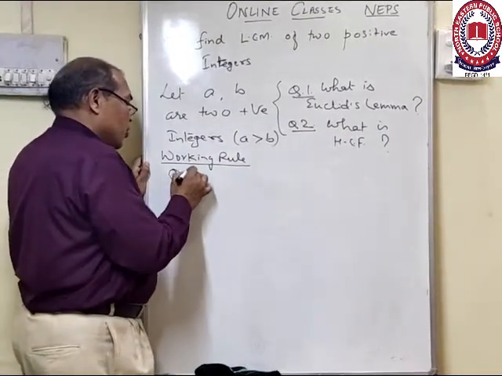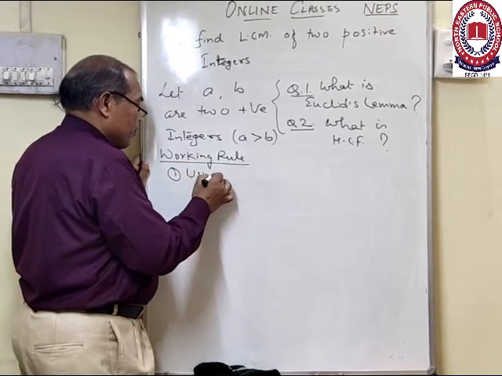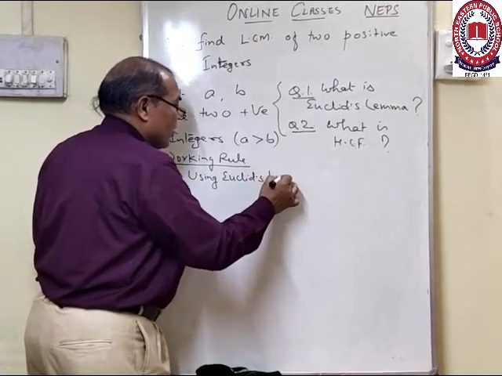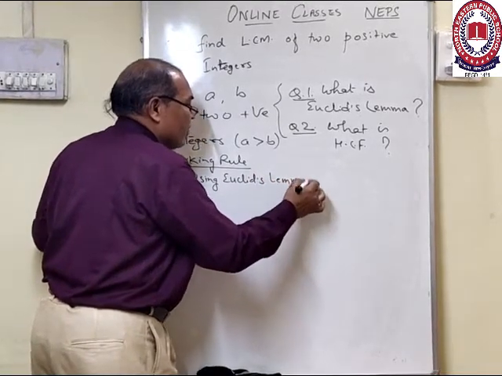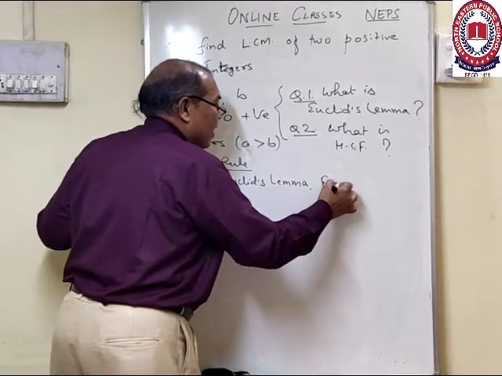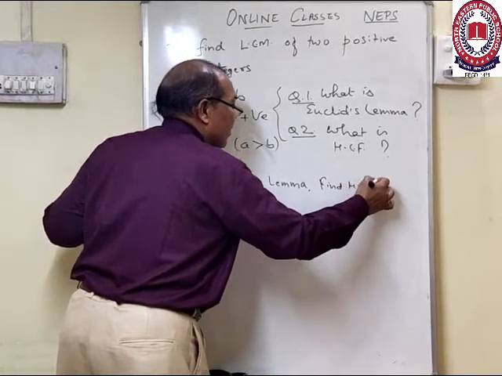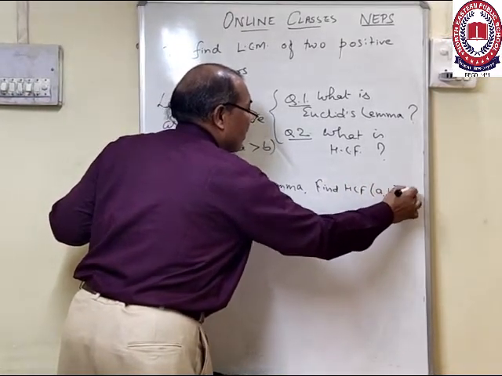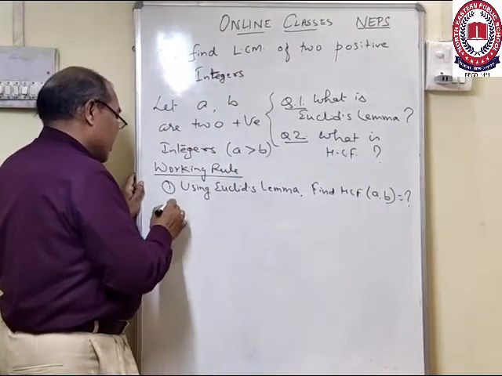First, using Euclid's lemma, find the HCF of A and B.